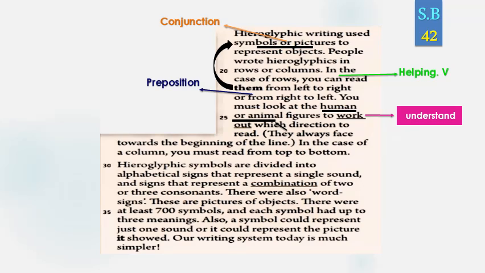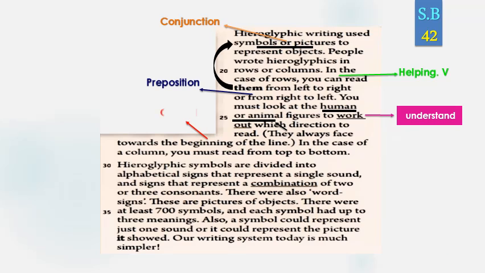In the case of a column, you must read from top to bottom. So if the drawings are in the form of columns, we read them from top to bottom.